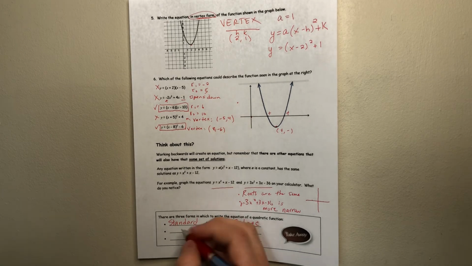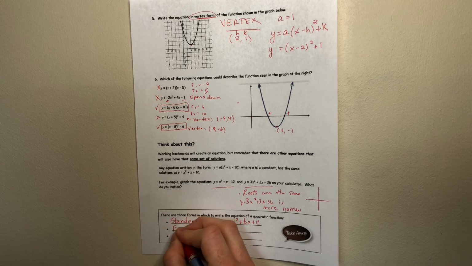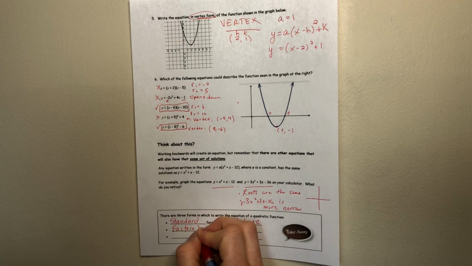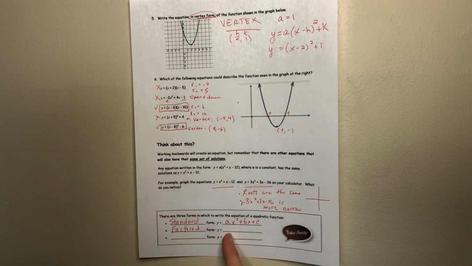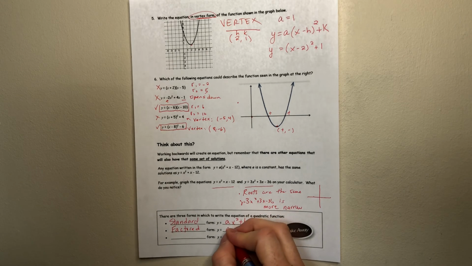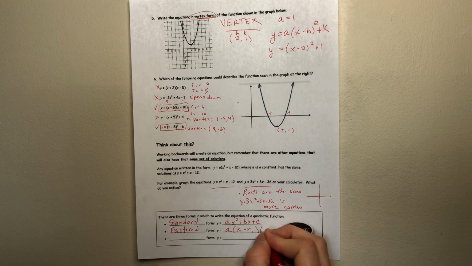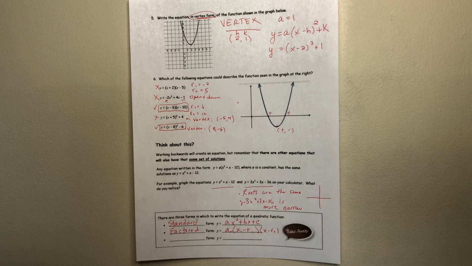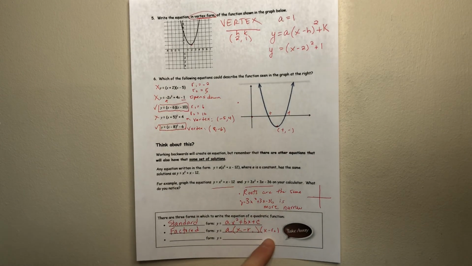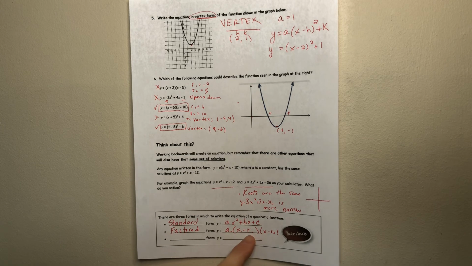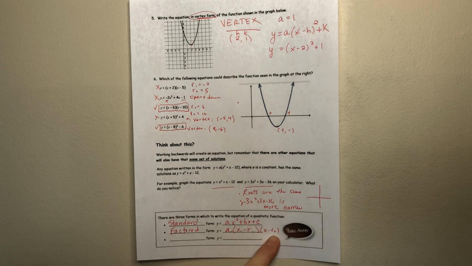It's nice. The 2 new ones, we have factored. Factored form is going to be the GCF that we pull out, a, and then x minus r1 and x minus r2. I like this form because if I can get it in this form, I can quickly identify the roots.